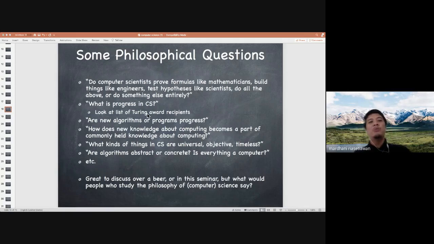Because that progress helps us see what is actually happening in computer science itself. So it's very important to see the current development, the current landscape of computer science, and the current discussions in the development of computing itself.